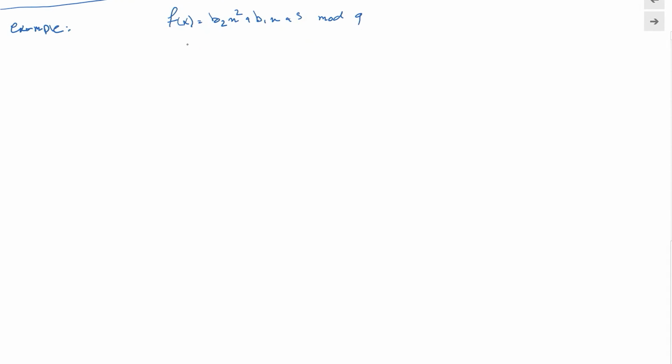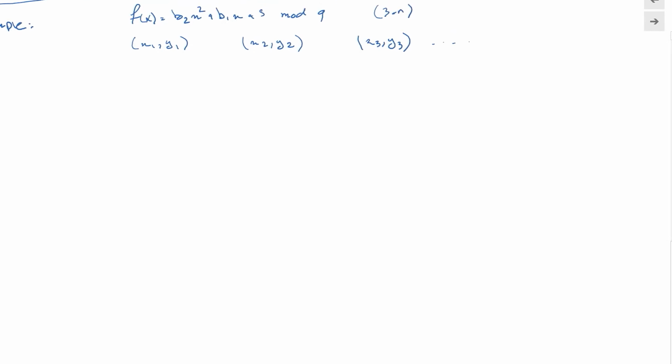I compute the 3 secrets out of this. So I want to have a 3 out of n secret sharing scheme. So I would have x1 and y1, x2 and y2, and x3 and y3. We would basically continue this for n users, up to xn and yn.